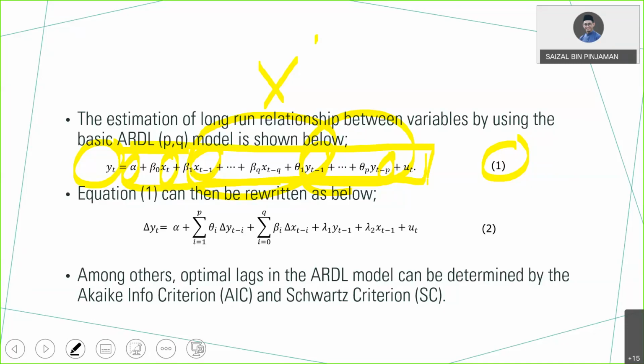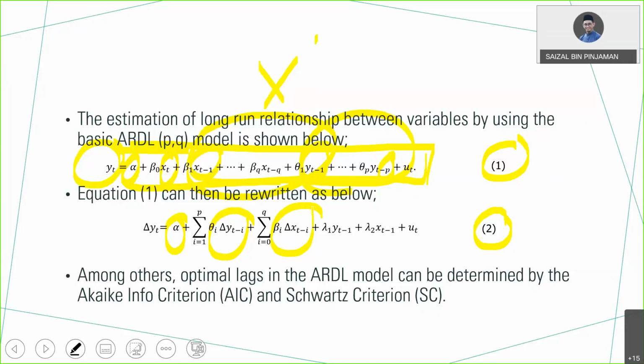And this equation 1 can then be rewritten into equation 2, where you can see here that the dependent variable is a function of a constant term, the difference of the dependent variable in lag values, the difference of the independent variables and their lags.